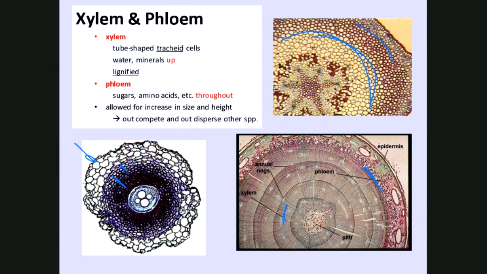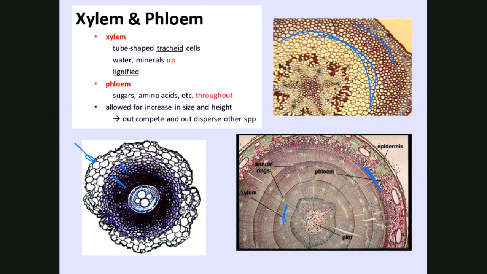The xylem is going to carry water and minerals from the true vascularized roots up through the xylem into the rest of the plant. So now you're not limited to just diffusion and osmosis. You can get bigger. And you can also reinforce the walls of those cells, of those tubes. You can lignify them. Remember I told you about lignin?